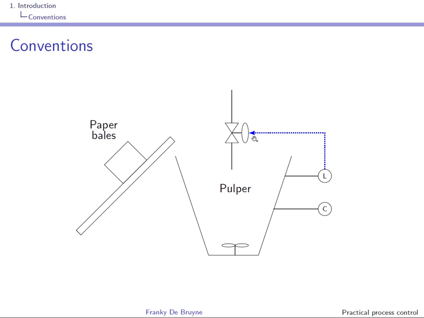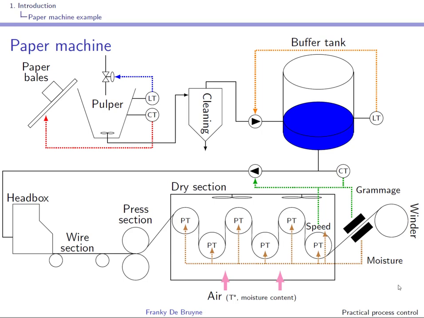So behind this simplified representation, you have to kind of imagine the level transmitter, the level set point, and the actual PID controller.